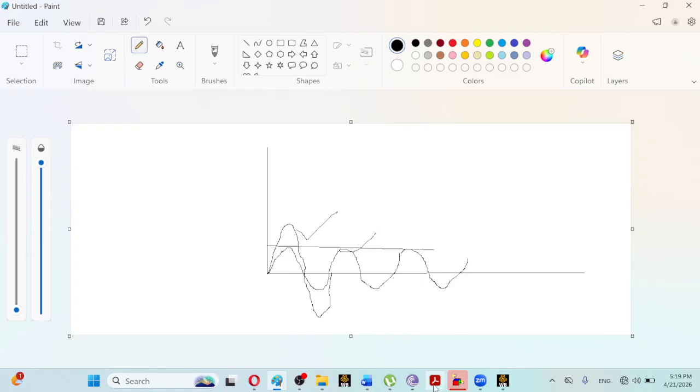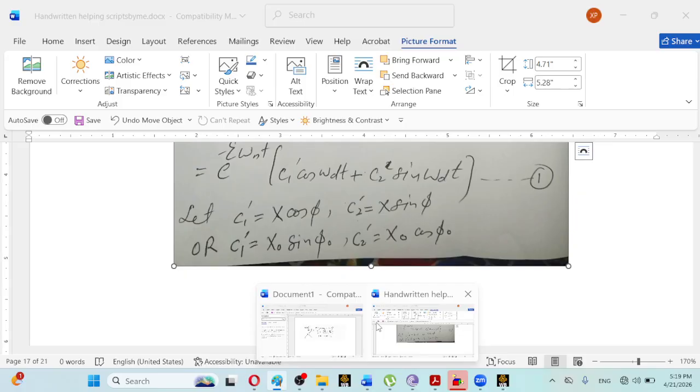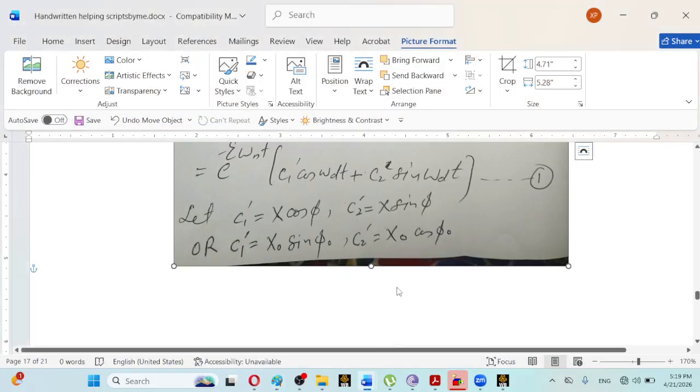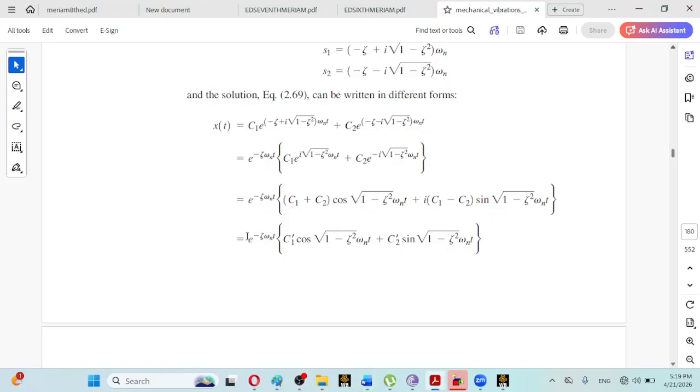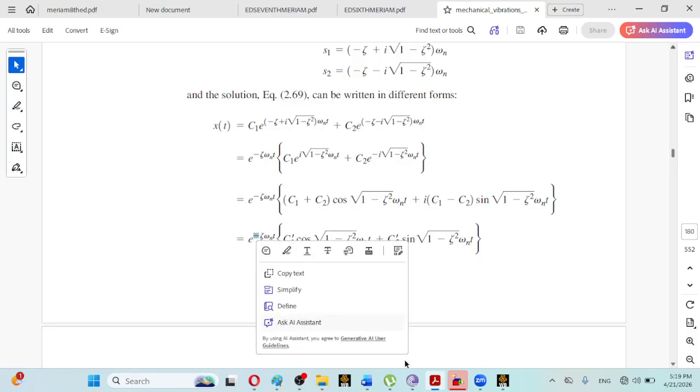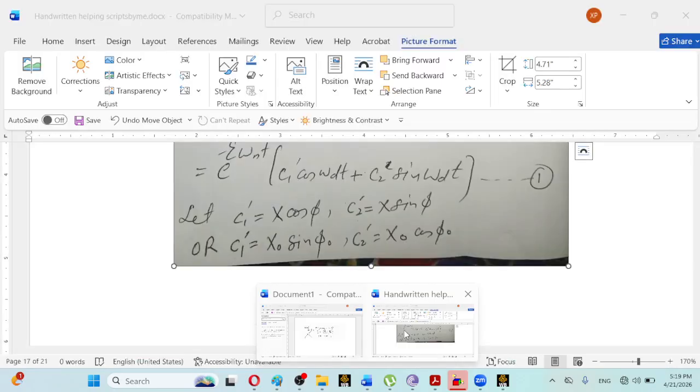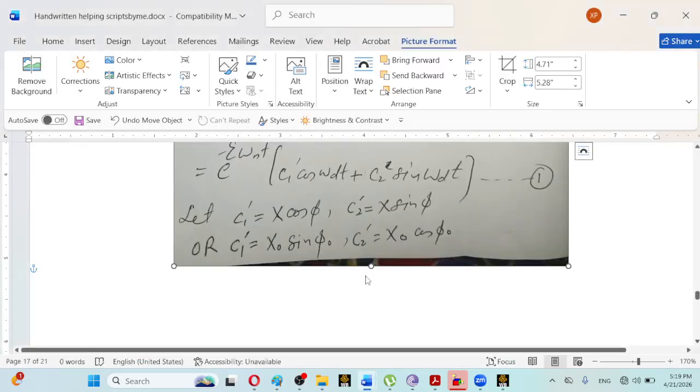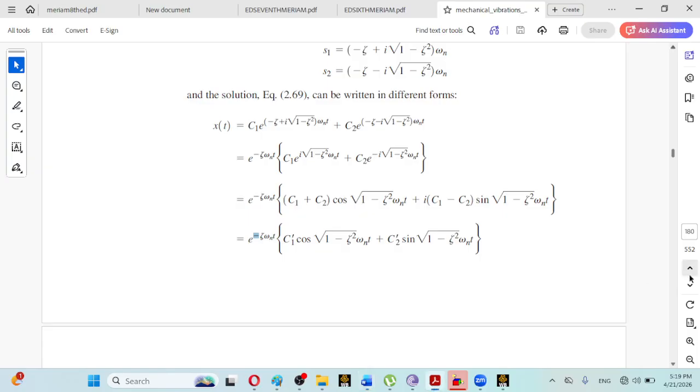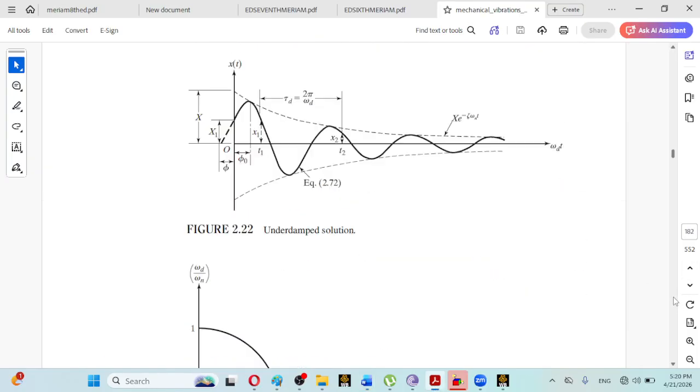So the author states in that statement that the multiplication of this term is stating that, as we can observe, the power of the exponent is negative, minus damping factor omega n t, and due to this negative, the author says that every next cycle amplitude is decreasing exponentially. Here, as you can observe, this amplitude and this amplitude are decreased exponentially.